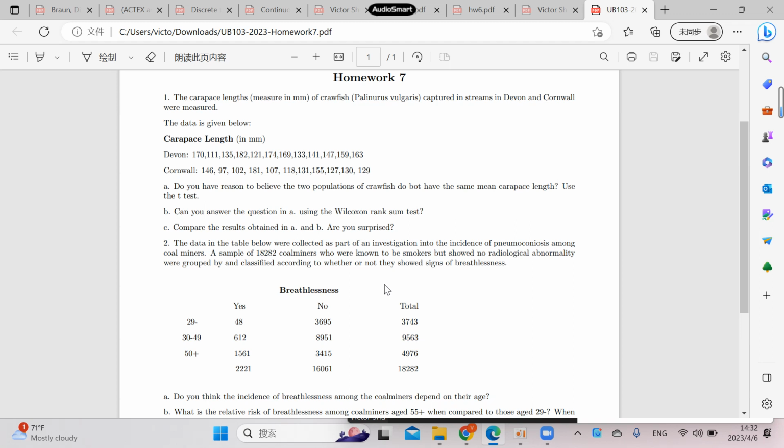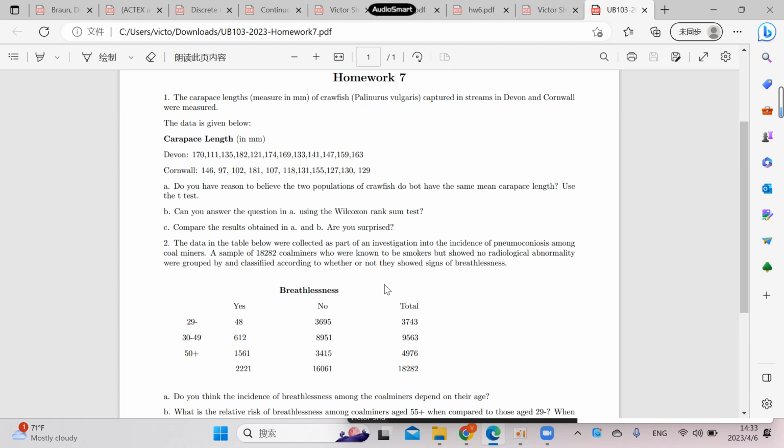If you assume those two groups have no difference, then the expected rank of each and every observation should be the median of 1, 2, 3, 4, up to 23. The median is 12, so the expected rank of each observation should be 12. And since Devon has 12 observations in total, the expected rank of all the observations in Devon should be 12 times 12, which is 144.